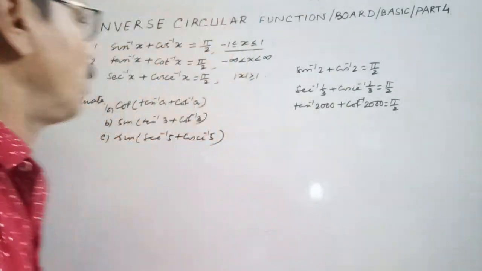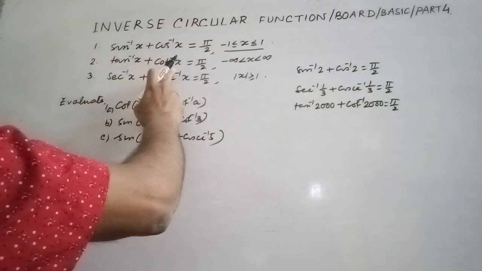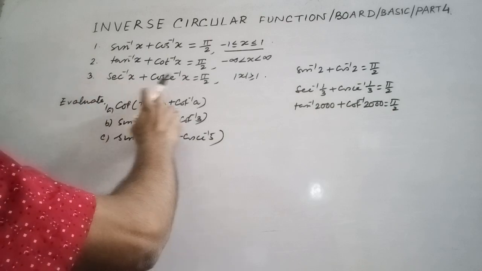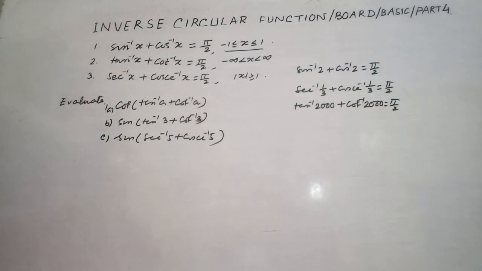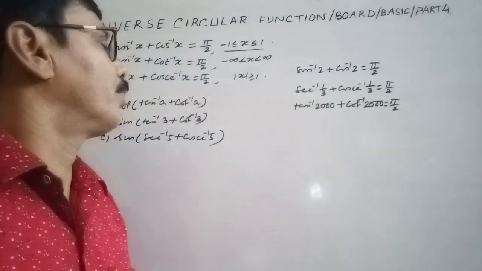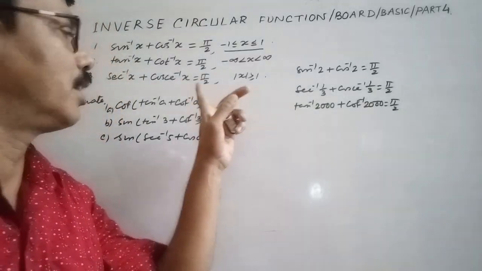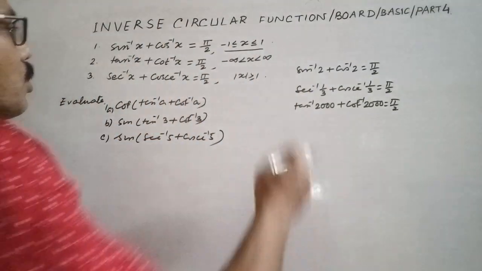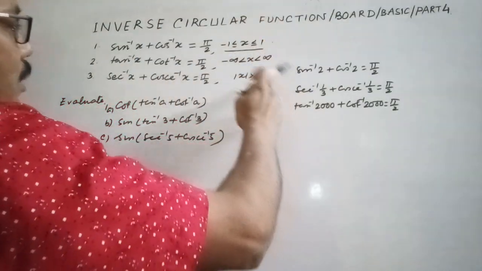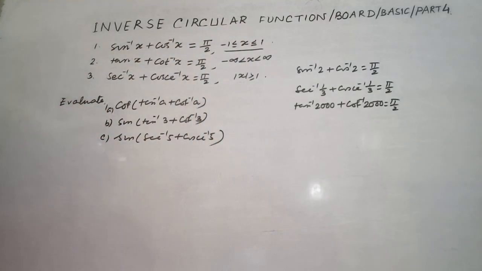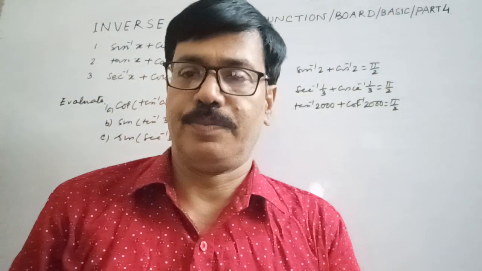That is the domain. Sec inverse x plus cosec inverse x equals pi by 2, x greater than or equal to 1, that is, x does not lie between minus 1 and plus 1. So these are the domains of these functions.